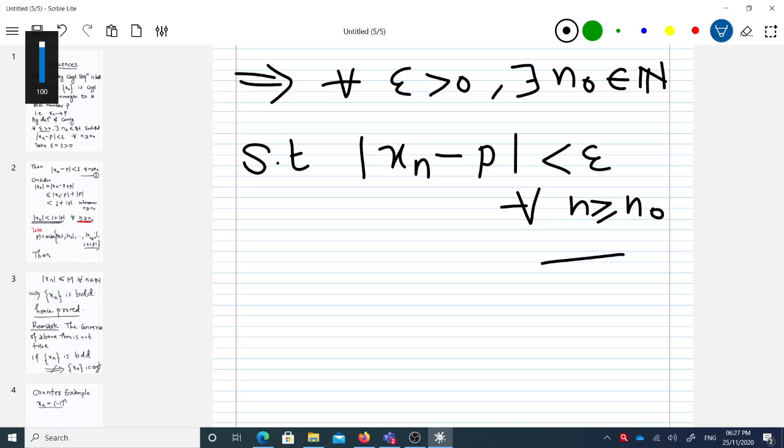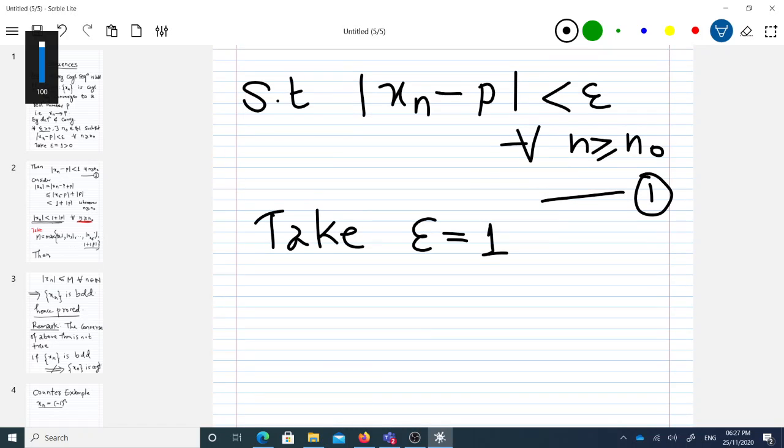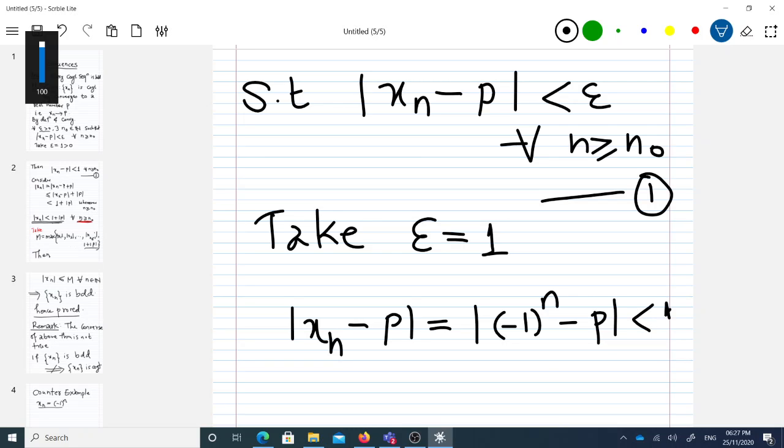Take this as number 1. Now take epsilon equal to 1. Then inequality number 1 becomes modulus of xn minus p, which is the same as modulus of (-1) to the power n minus p, is less than 1.